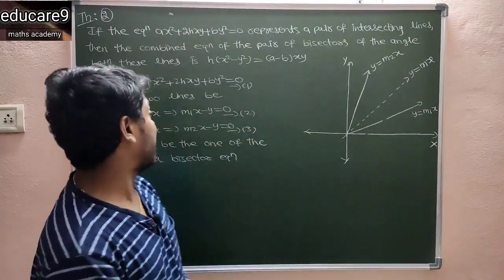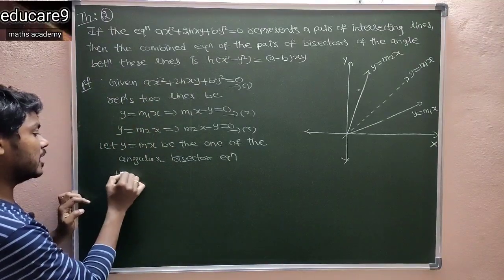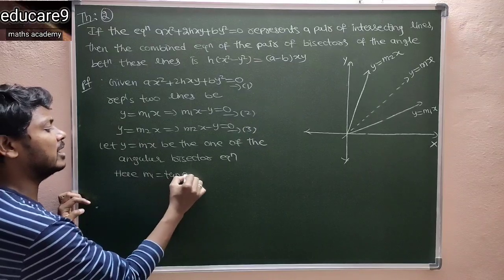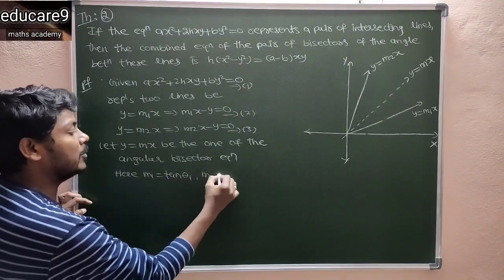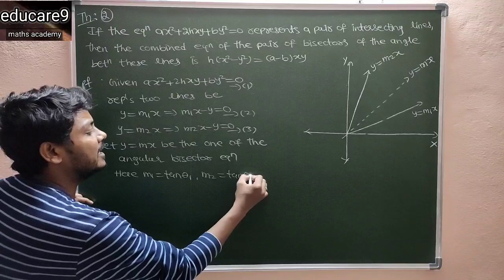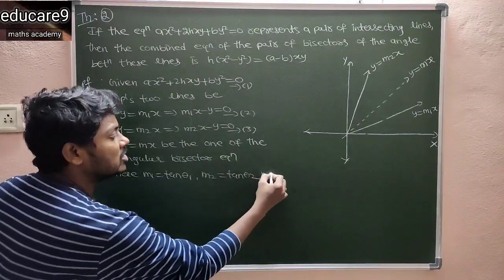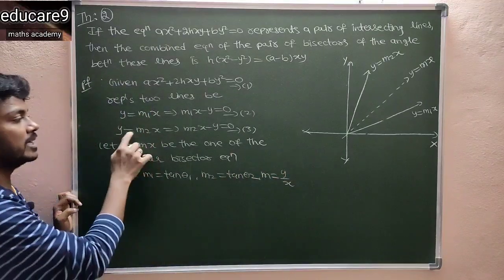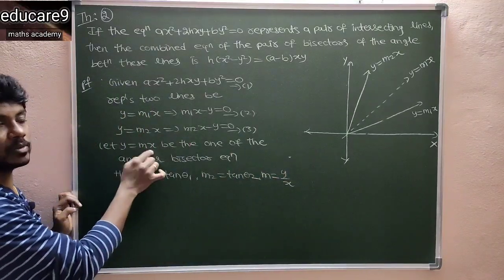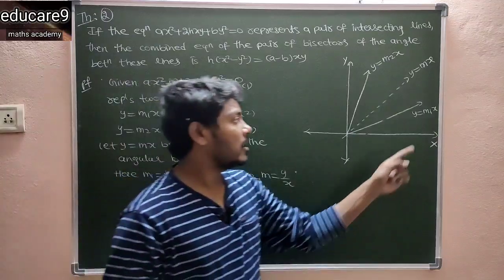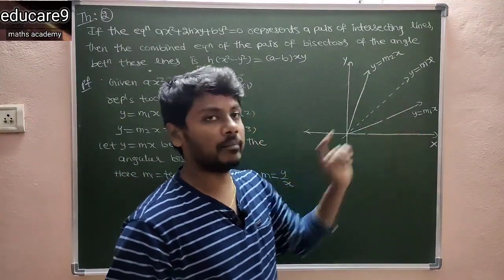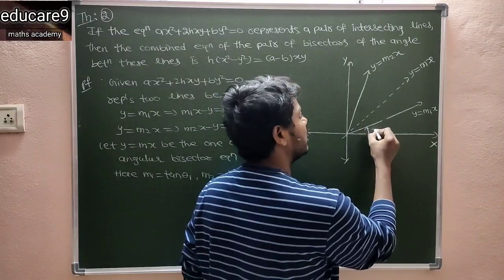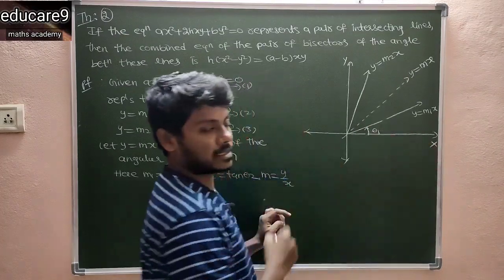So what is m1? Tan theta 1. Here m1 is equal to tan theta 1 and m2 is equal to tan theta 2 and m is equal to tan theta, or y by x. Y is equal to mx, m is equal to y by x. So clearly this line makes an angle theta 1 with x axis.